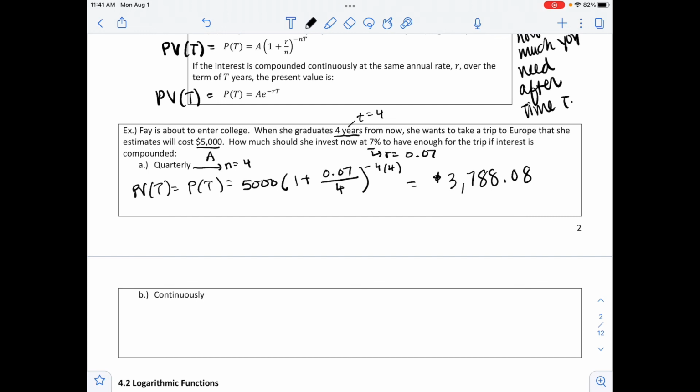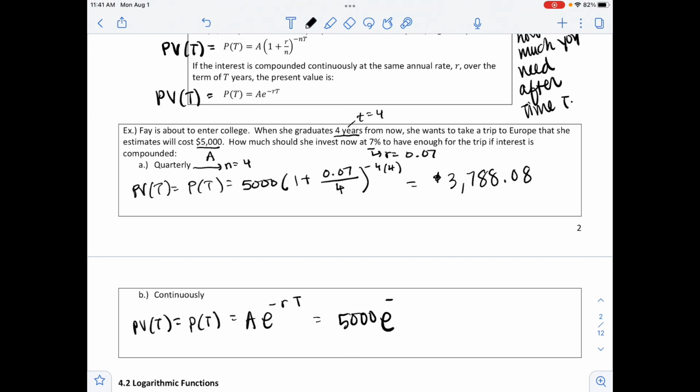Part B is the same problem, but this time it's compounded continuously. So if you notice, we'll be using a different formula. Our PV of T, or P of T, for continuous is just A e to the negative RT. Again, A is the amount that we would like to have, which is that $5,000.